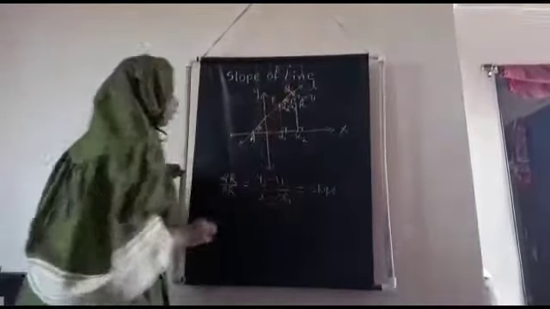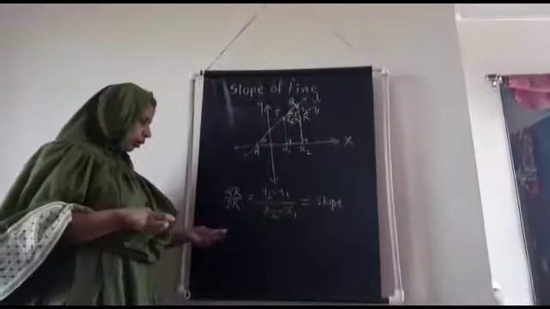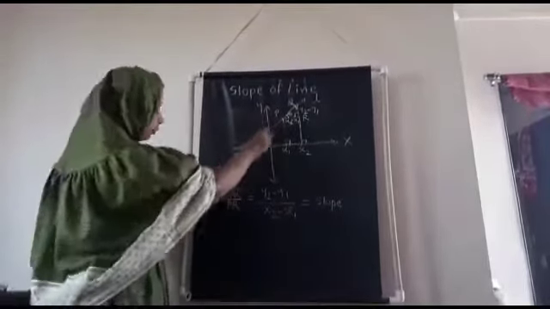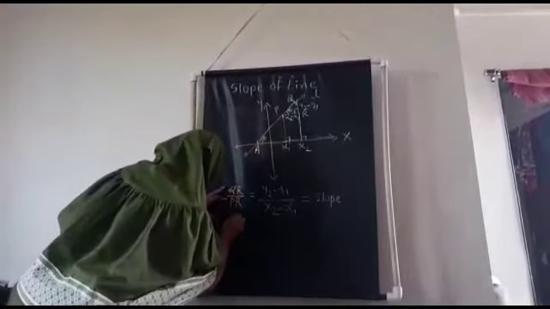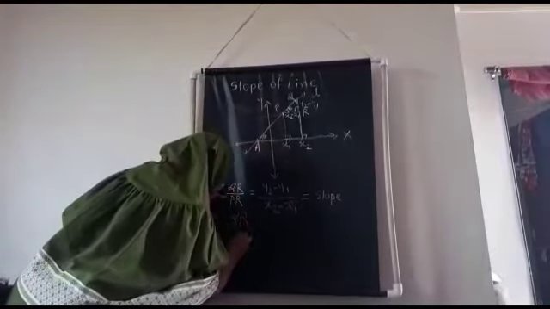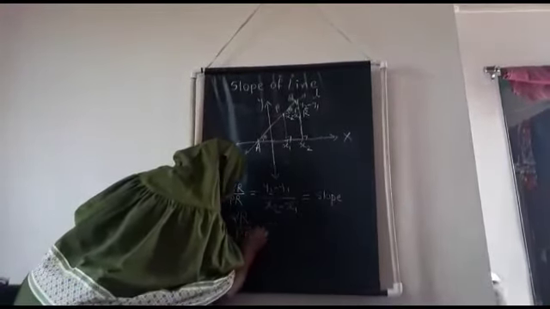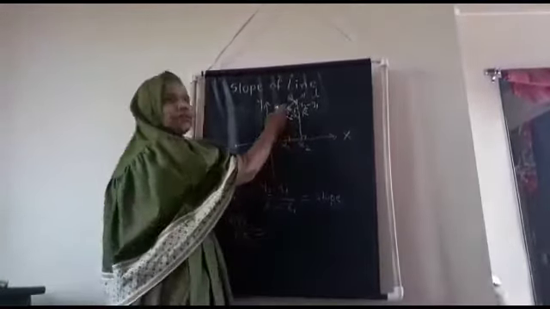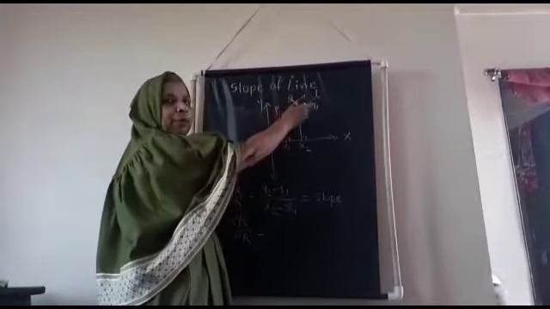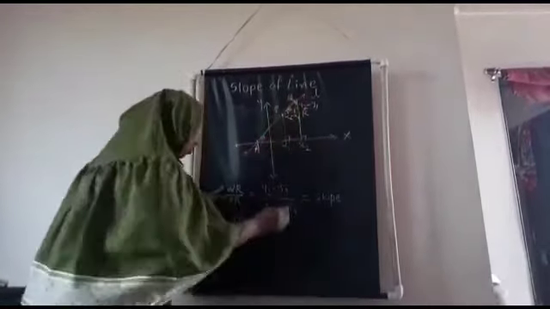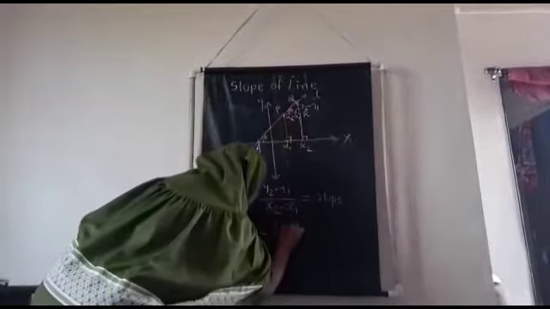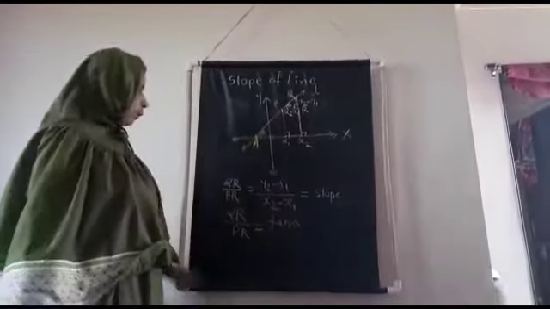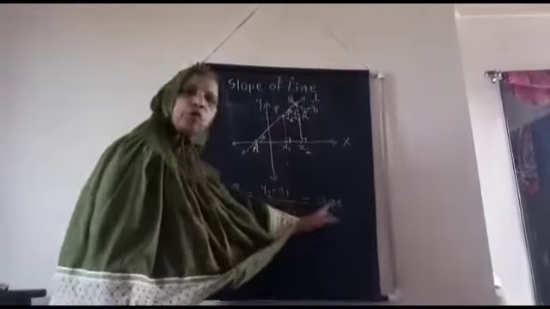Now we will consider the trigonometrical concept. Here angle theta is formed, and we have the ratio QR upon PR. According to trigonometry, QR upon PR, that is the side opposite to theta upon the adjacent side, is tan theta. So our ratio QR upon PR is tan theta. But QR upon PR is slope.